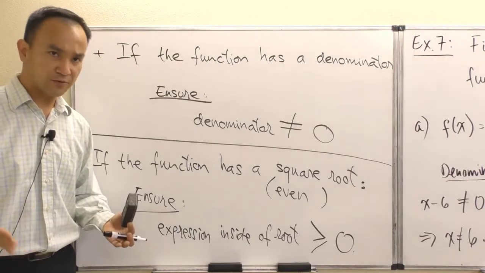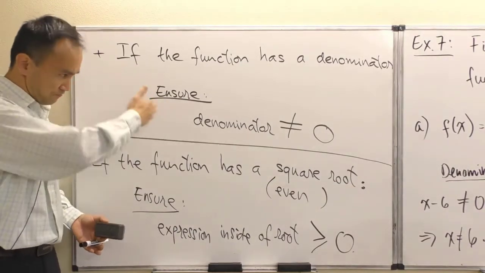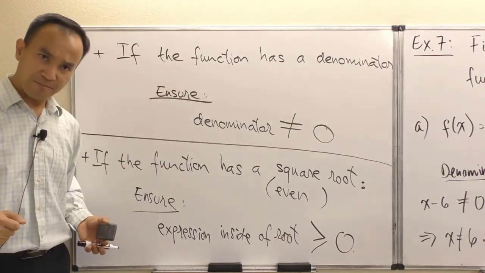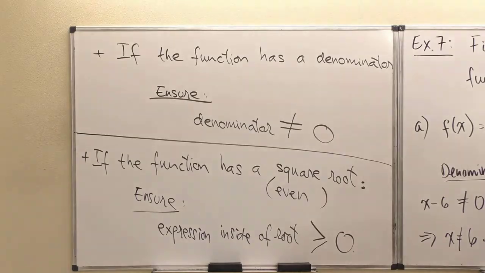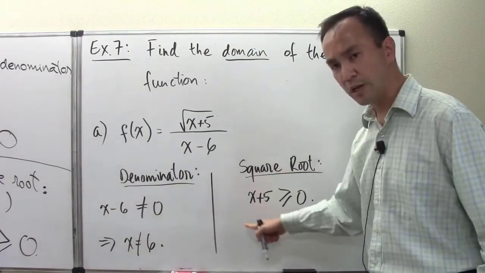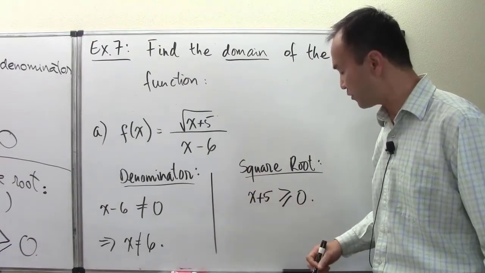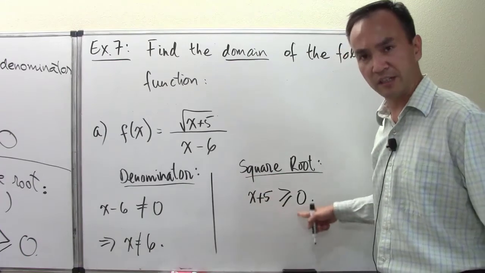It comes straight out of the math, but here I'm writing it down as advice and a guideline for anyone to stay aligned with. Okay. So in order to ensure x plus 5 is greater than or equal to 0, we have produced an inequality to solve.